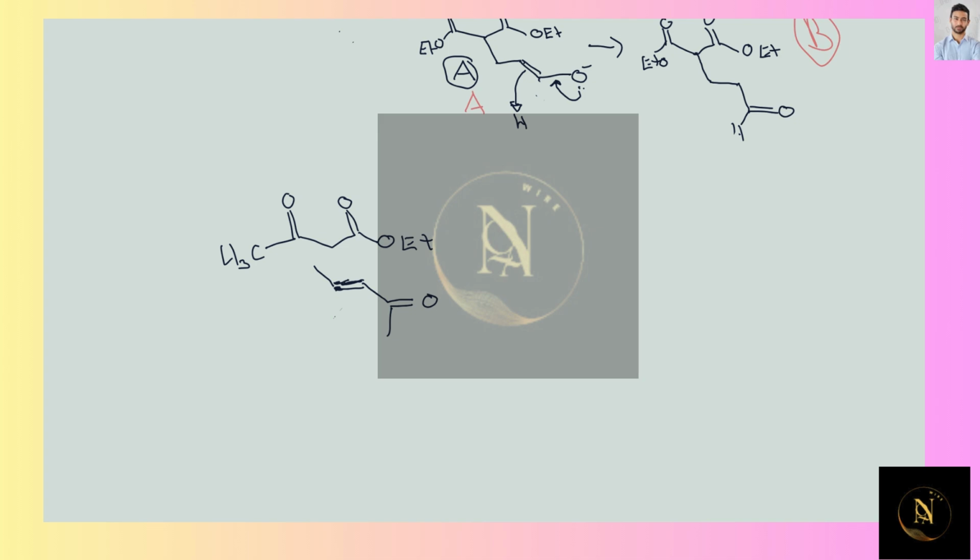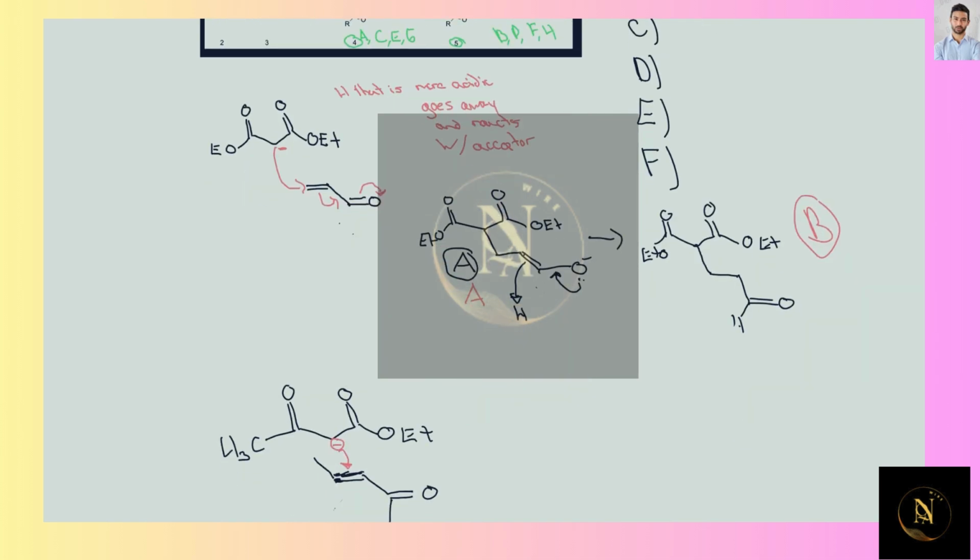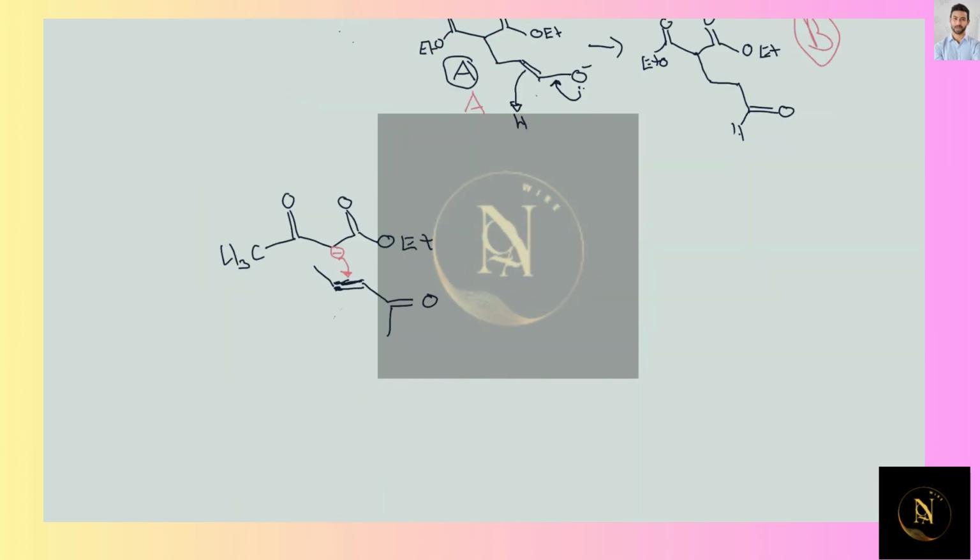So after we get rid of the acidic hydrogen on this position, in this case by the ethoxide, we're able to attack on this position. We can follow the same reaction mechanism. After the attack on that position, the double bond goes away and forms a double bond on the other side.